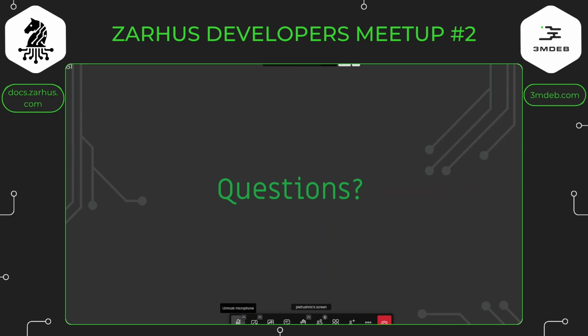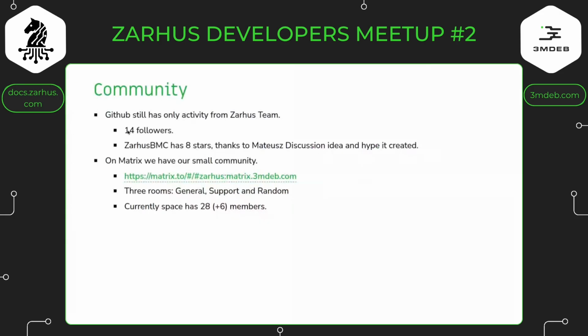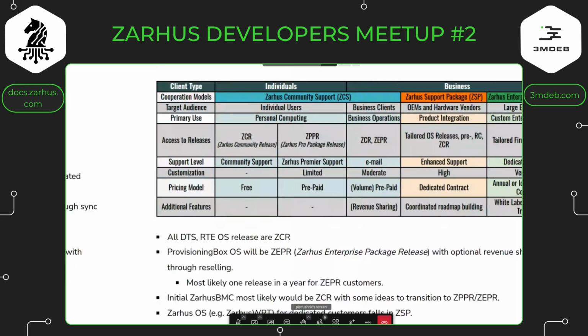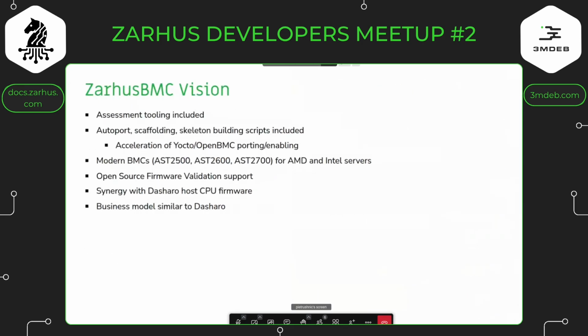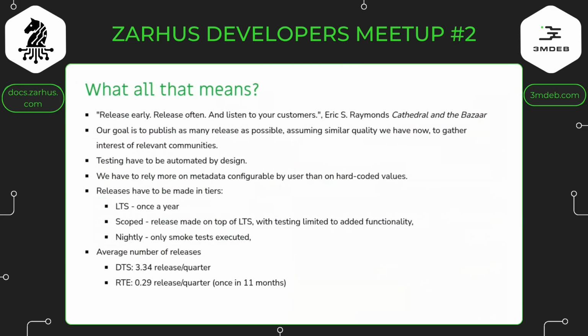I don't really understand how the LTC or LTS releases will work with the Dasharo tool suite, because the Dasharo tool suite serves 2 main purposes. It's for firmware provisioning, and tools, isn't it?